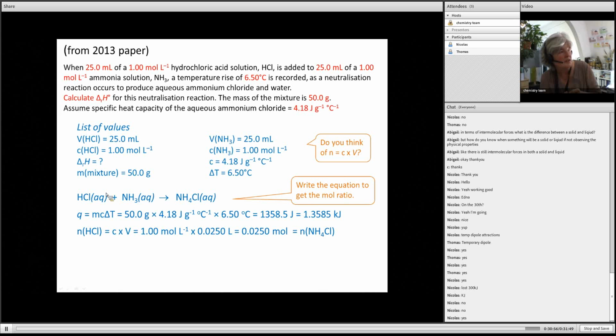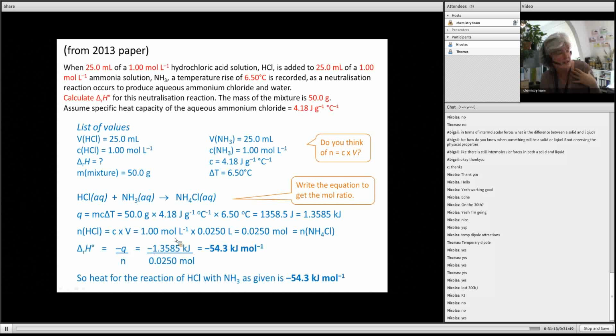So we were given identical concentrations, so you could have picked ammonia or you could have picked the HCl. It wouldn't make any difference. That would have given you the amount of ammonium chloride, and so you just take the energy released divided by the number of moles, and you get then the kilojoules per mole.